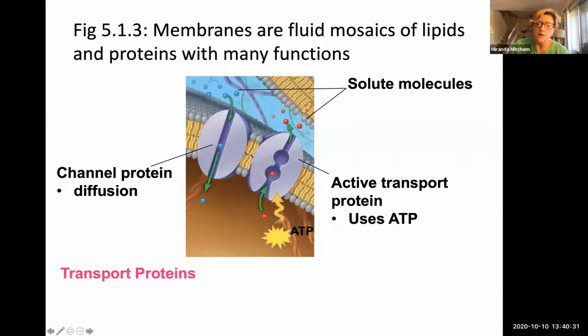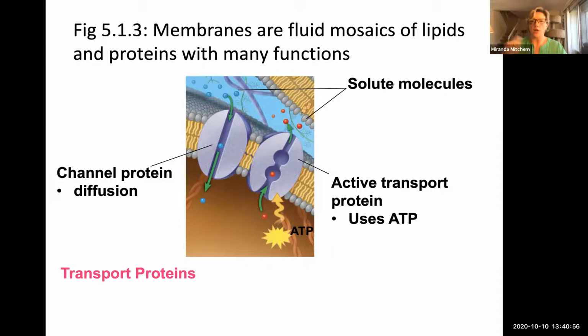protein here. So ATP is the energy currency of the cell. That's energy. So we've got two different color solute molecules here. We've already talked about the blue one, and it is associated in this example with the channel protein, the diffusion protein. But this red one is going through the active transport protein.